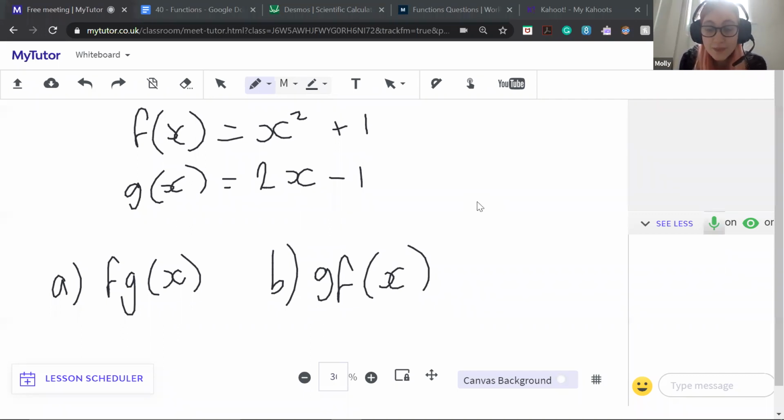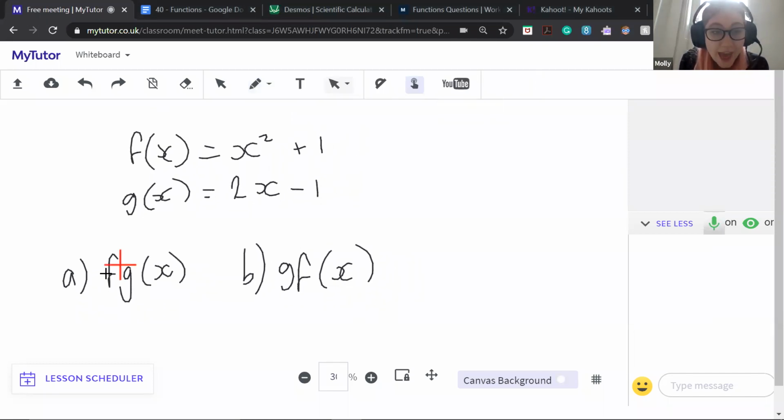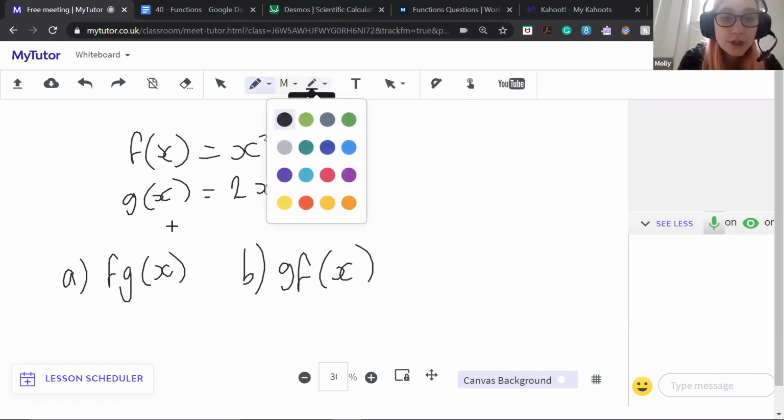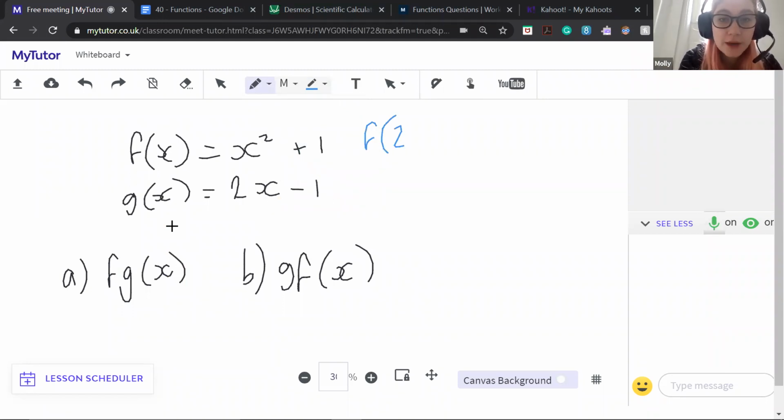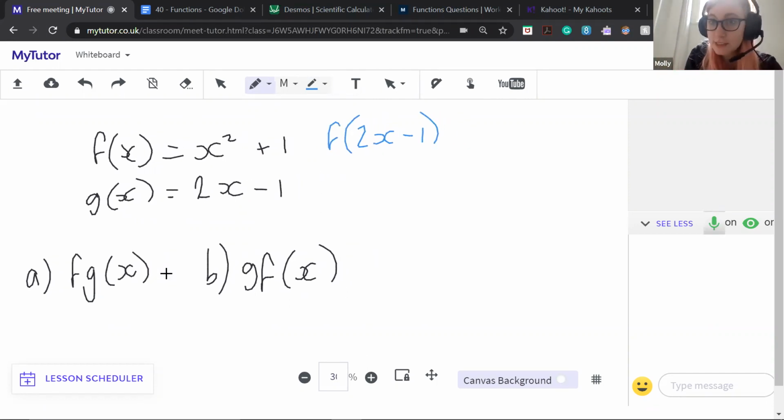Cool, so let's start off with A and think about what this means. This means that we have to do f of our g of x. So g of x gives us 2x minus 1, and then we want to do f of that. So f of 2x minus 1. That just means that we see where our x is and replace it with 2x minus 1, because that's the new thing that we're feeding in.